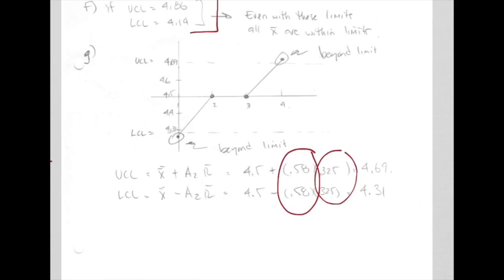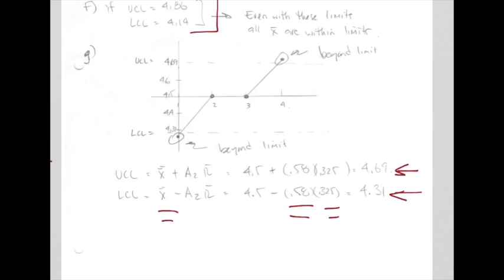Okay, and just plugging into the formula. So if you take a look at the formulas here, I'll just clear that out. Formula-wise, x bar we calculated right at the start. That's 4.5. 0.58 is from table 10.2. And this is r bar that we calculated from the start, 0.325. So we get to calculate what our upper control limit is, right here, and lower control limit right here for our x bar chart.